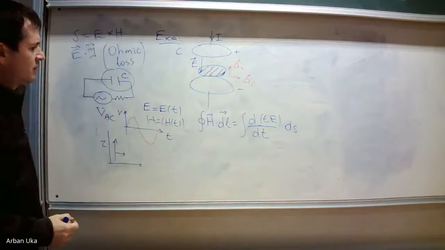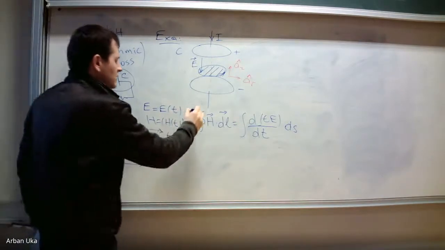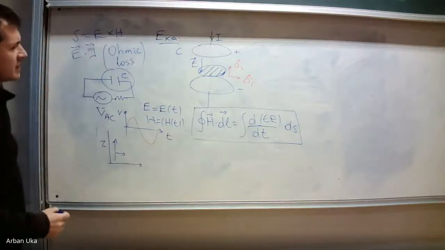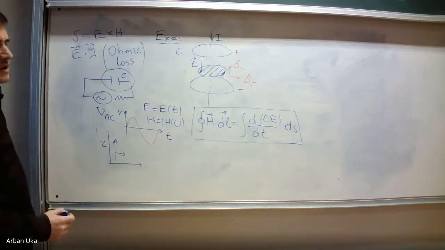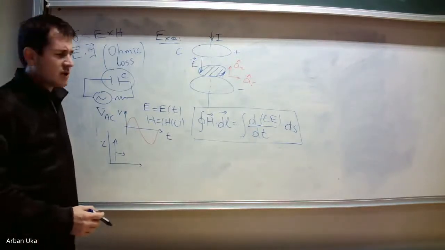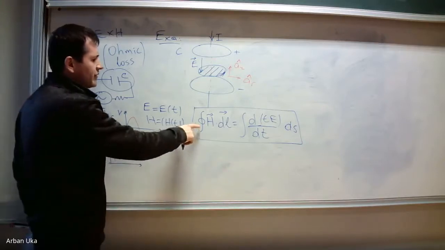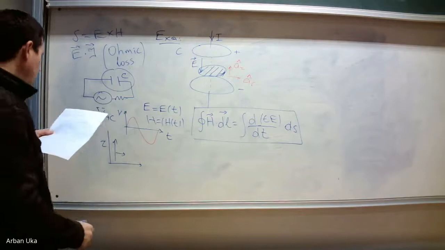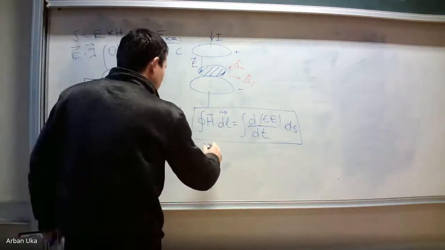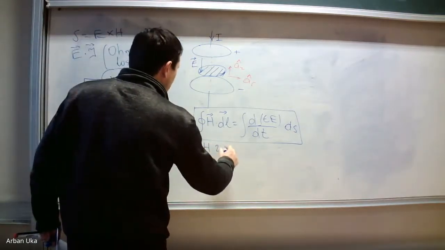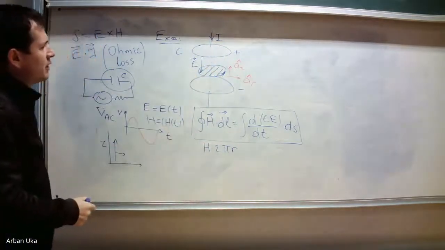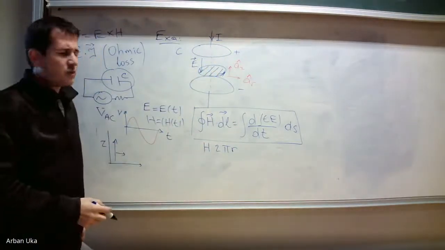So this is how we get it: we apply the Stokes theorem to one of Maxwell's equations, applied to the curl of H. Once you apply this to the curl of H, this is what we get. Here we get H times 2 pi r, because the line integral is the perimeter of the outer contour of the circle, 2 pi r.